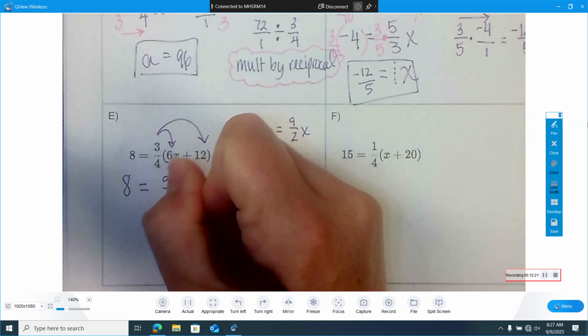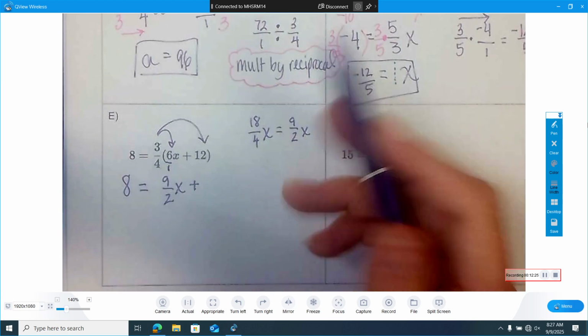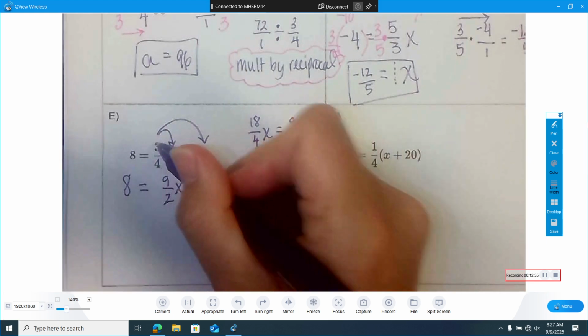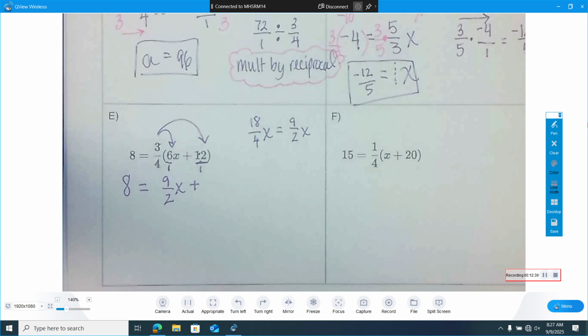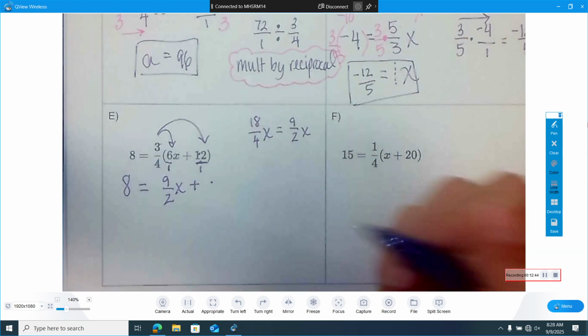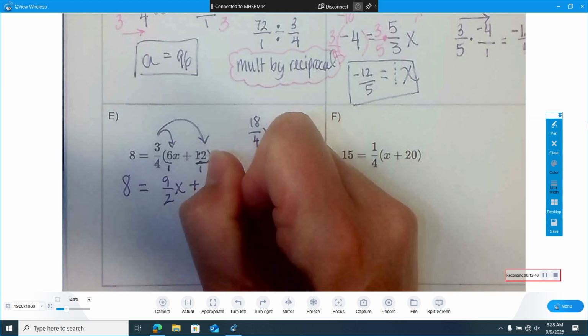So 9 over 2x. All right, what about 3/4 times 12 over 1? 36 over 4, very good. 3 times 12 is 36. 4 times 1 is 4. What is 36 over 4? 36 divided by 4. 9 is correct, very good.